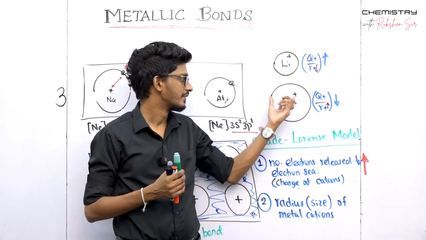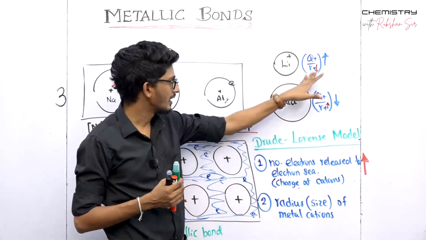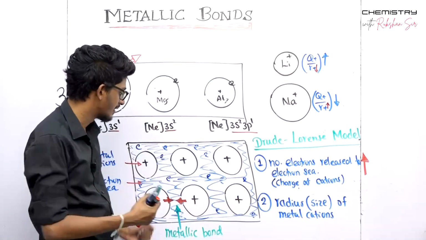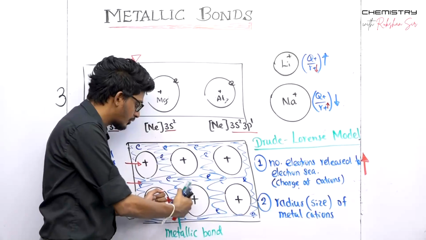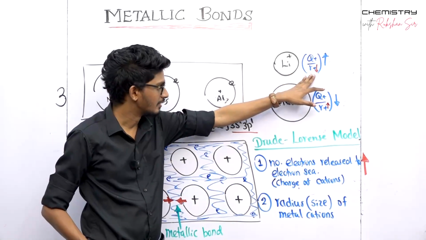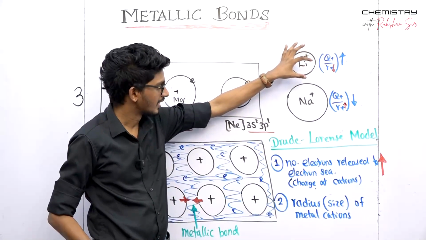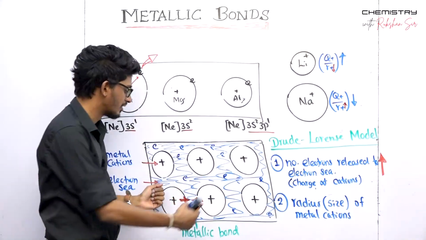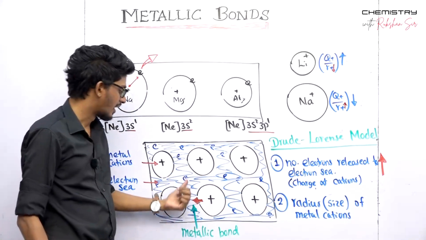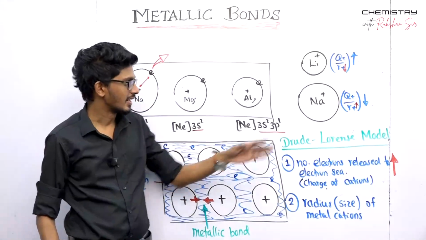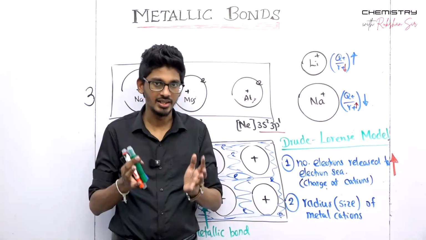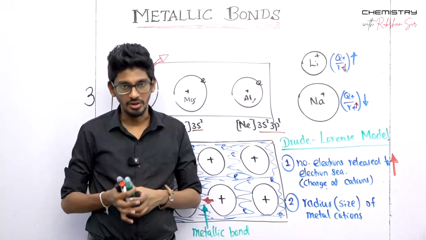With a lower radius, your charge density is high, your charge strength is high, so those cations will stick more strongly to the negatively charged electron sea than a cation with a larger radius. That is how the size of the cation affects the metallic bonding strength.